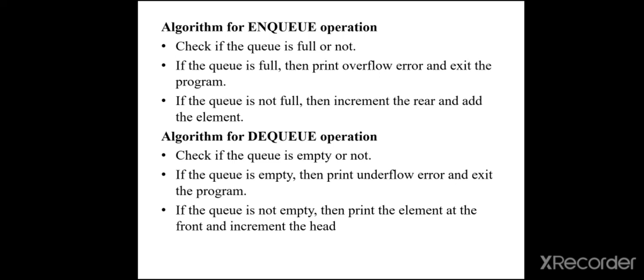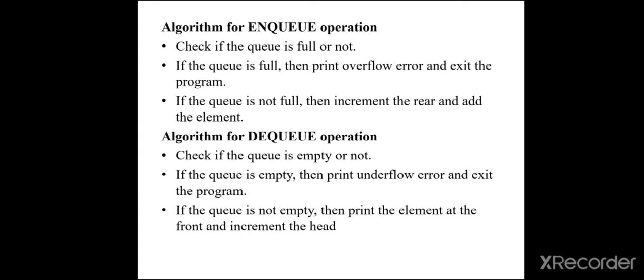This is the algorithm we follow when inserting an element into the queue by using an array. First we have to check whether the queue is full or not. Next step is, if the queue is full, then print overflow error.